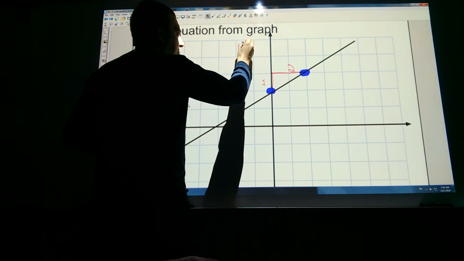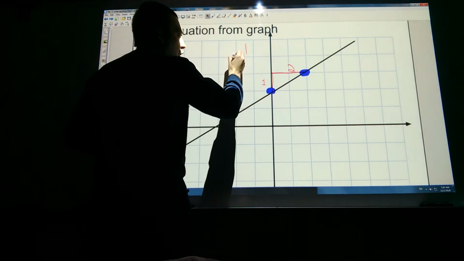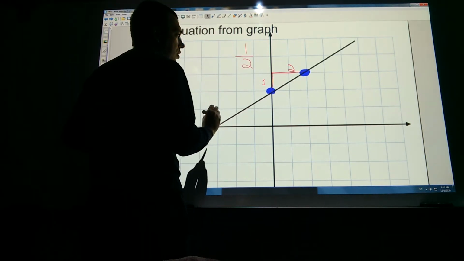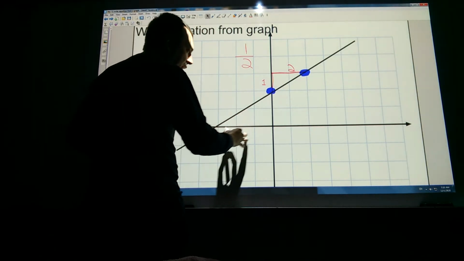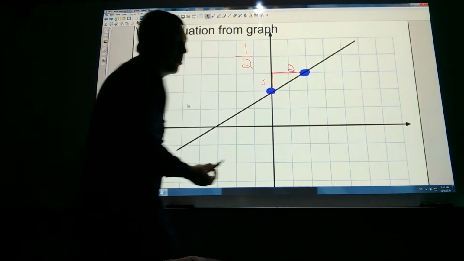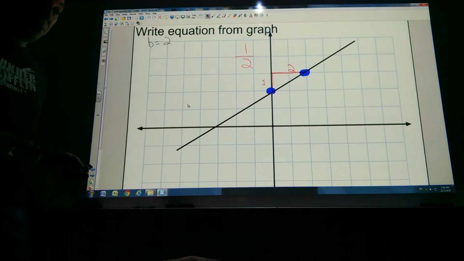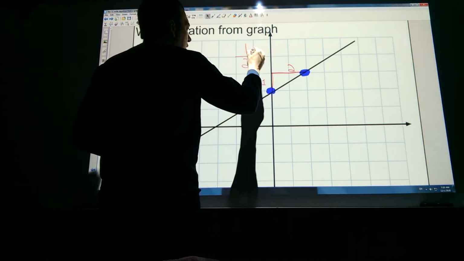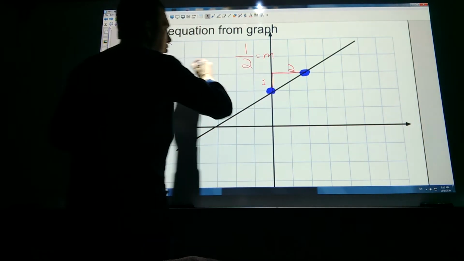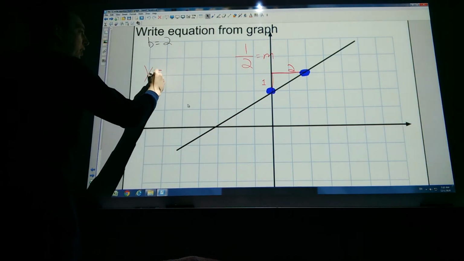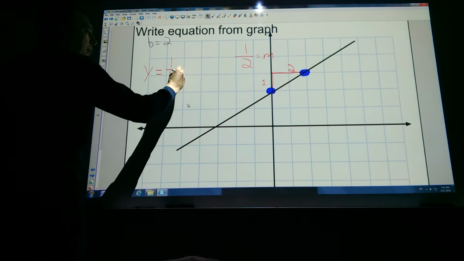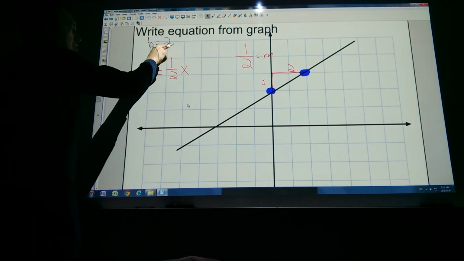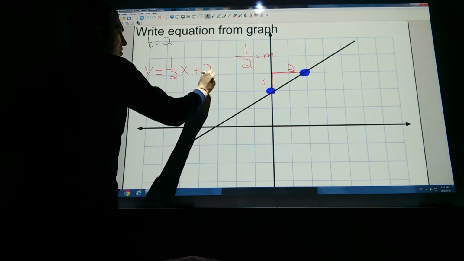So I go up 1, over 2, and I check to see, is this line going up or going down? It's going up, so the slope is positive. So it's positive 1/2. To write an equation, y equals slope 1/2 next to x, and the starting point is +2.